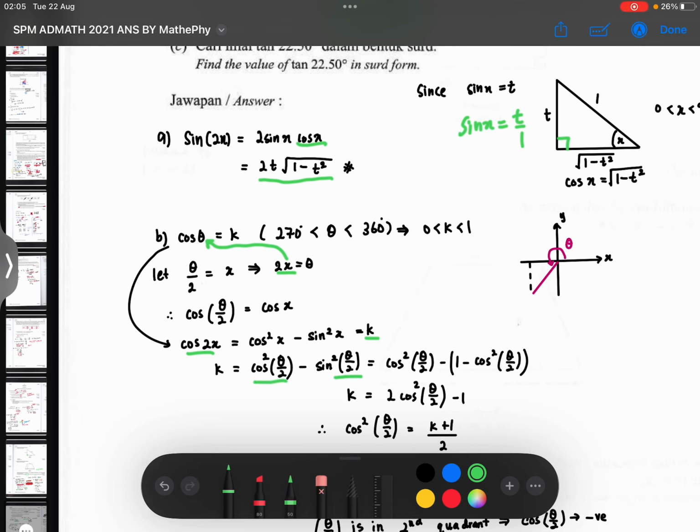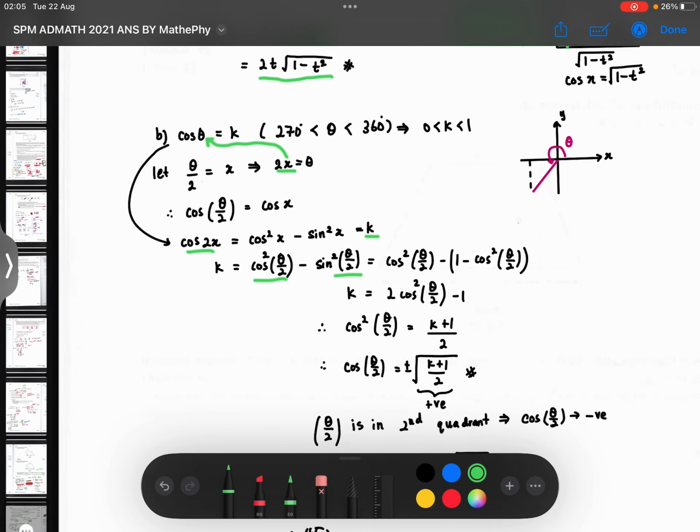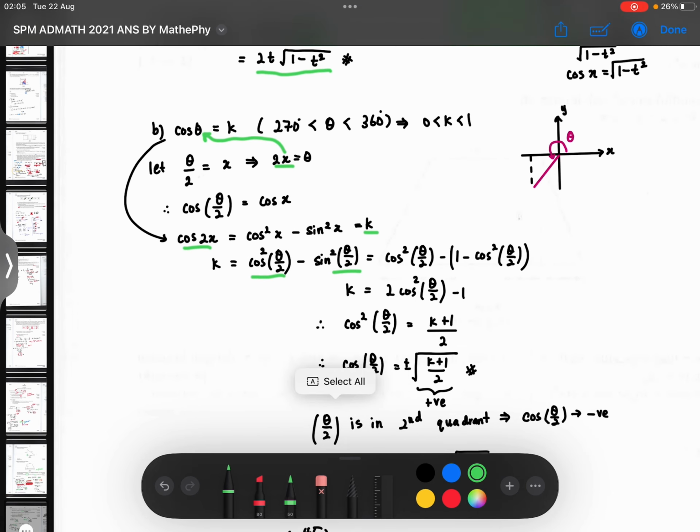So I don't want anything in terms of sine squared theta over 2, so I just substitute, because I know the relationship: sine squared theta is 1 minus cos squared theta. Okay, so this is the relationship you need to know. So I just substitute in. I get like this.